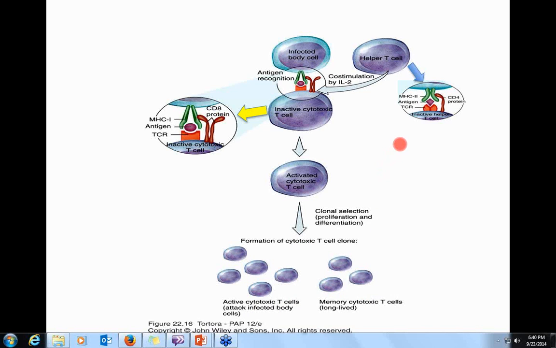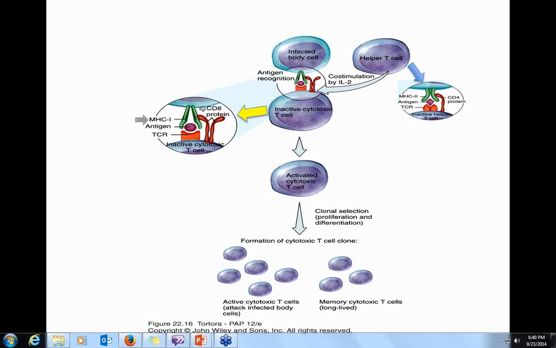Now, this is a little bit of an aside, but this helps me remember which CD protein binds with which MHC protein. I like to call it the immunological octet rule. So if you take 8 and you multiply it by 1, you get 8.